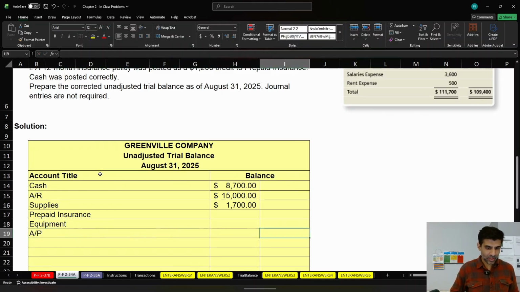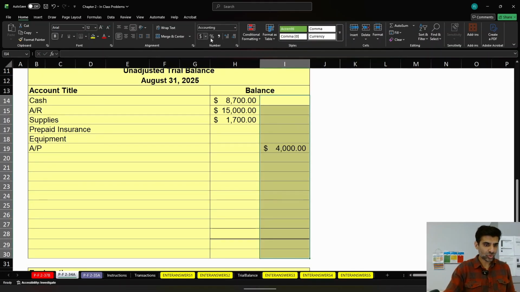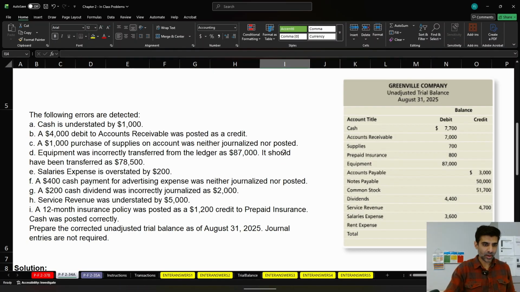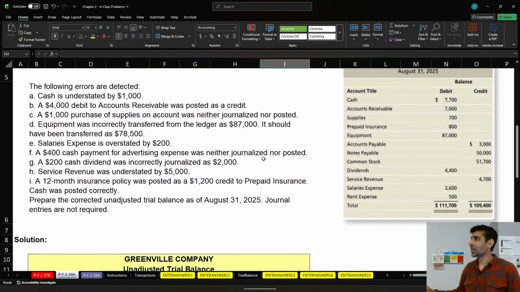Now this is going to be 4,000 instead of 3,000. Any questions on this? When it says neither journalized nor posted, it means you just forgot to do that journal entry. So you have to figure out what the journal entry is and then update the accounts accordingly.